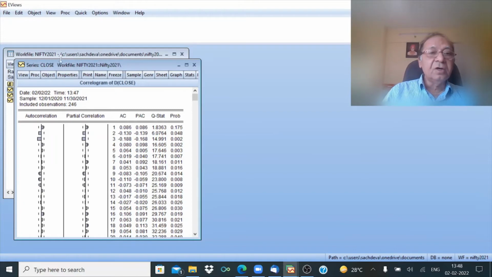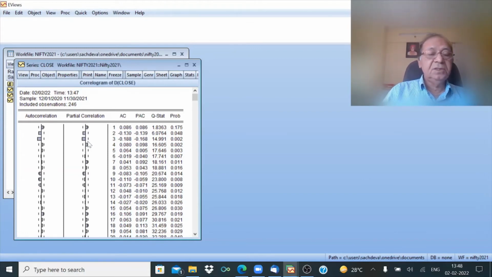So the correlogram of D close, the first difference, also says that with lag 2 the probability for Q stat is statistically significant. But it also tells us that lag 3 of autocorrelation and partial correlation are also significant. So what should we do?